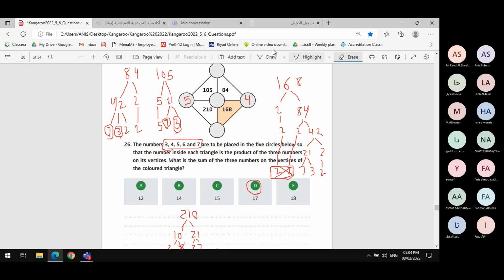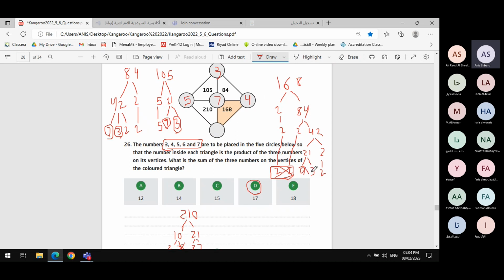That's why we took the 7 here and the 3 up. But we will still have the 6. 6 is already found in the choices, right? But we didn't put it. For 168, I took the 7 and the 4 out.